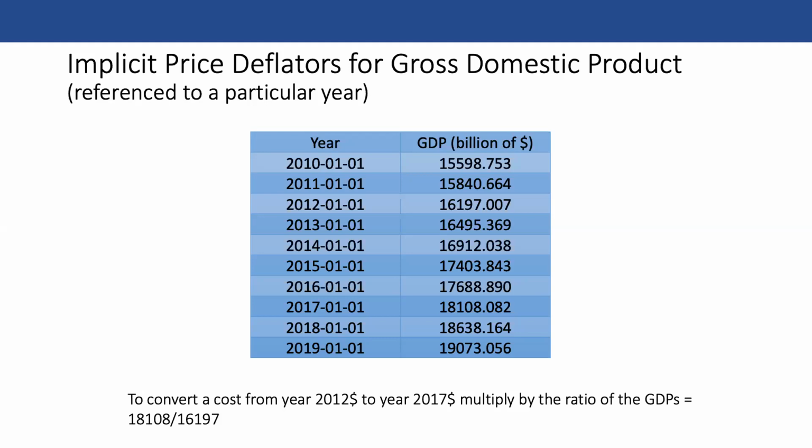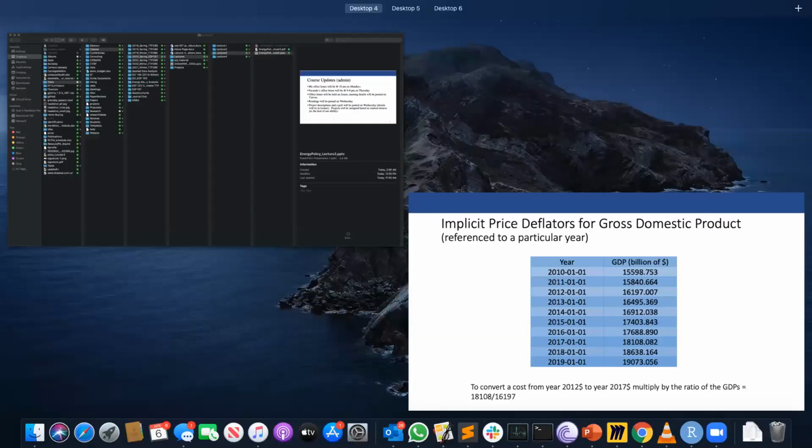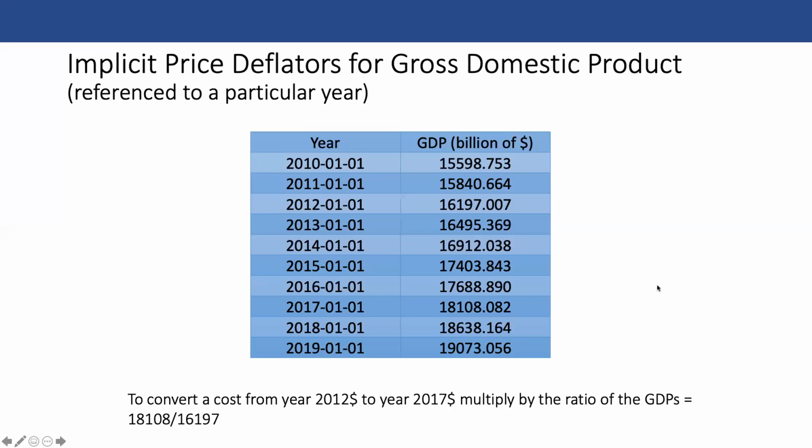You could literally just put in 2012 to 2017, and what it does is it looks at the value of that basket of goods that I was talking about before to put everything from nominal or current dollars into constant dollars. Okay, so hopefully that clarifies that.